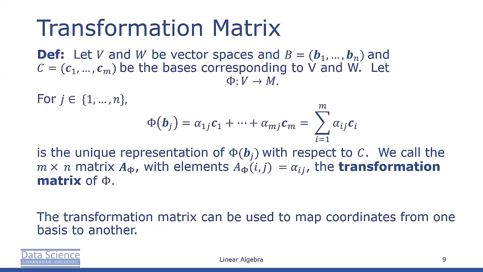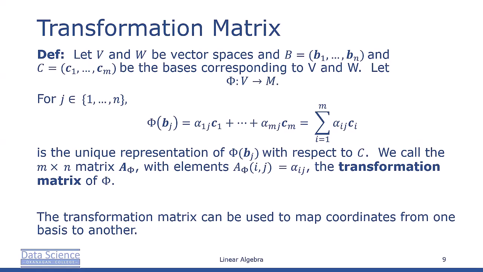Now we're ready to make an explicit connection between matrices and linear mappings between finite dimensional vector spaces. Let V and W be vector spaces, and B and C be the bases corresponding to V and W respectively. We'll take phi as a mapping from V to W. For j, an integer between 1 and n, phi of Bj equals alpha 1j C1 plus all the way up to alpha mj Cm, or the sum of alpha ij Ci, where i runs from 1 to m.